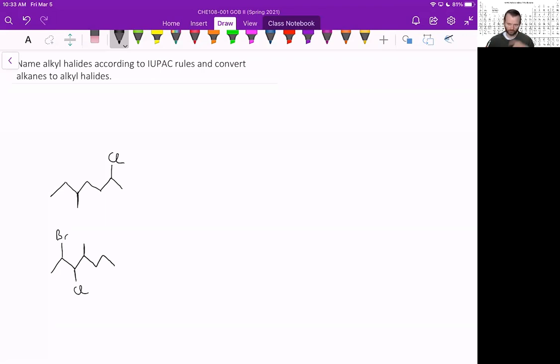So that's a return to the idea of alkane nomenclature that differs from minimizing a double bond or minimizing the hydroxyl group in an alcohol. But what you need to know is that for a chlorine, a bromine, just write it down, for alkyl halides.